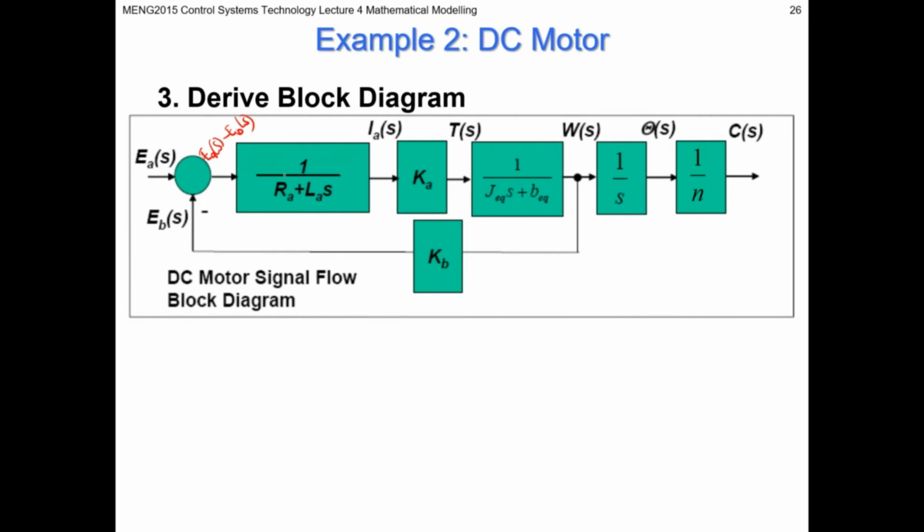And we identified from the electrical system equations that if we divide the difference between our applied EMF and our back EMF by RA plus LAS, then that's going to give us our current in the circuit.